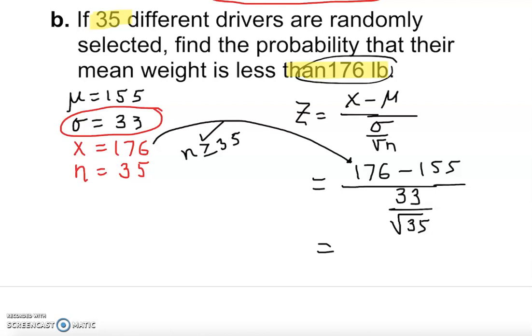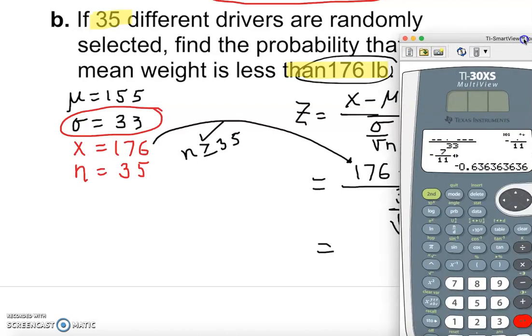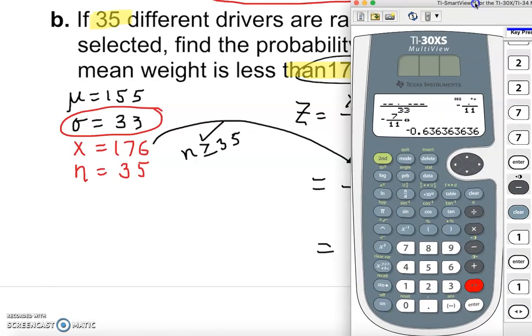Okay, so let's take a look here. We have a little itty-bitty calculator. Earlier I mentioned it.